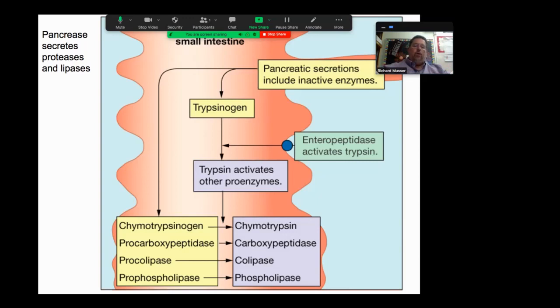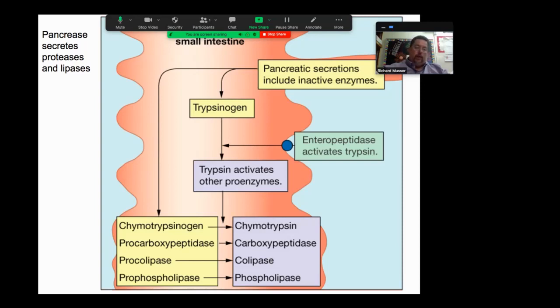We also have a procolipase. That colipase will be activated by trypsin again to become an active lipase. Lipases are enzymes that break down lipids. So that's what that enzyme will do. The lipase will break down the lipids that you have taken in and eaten. And then we also have prophospholipase, which will be converted by trypsin into phospholipase.